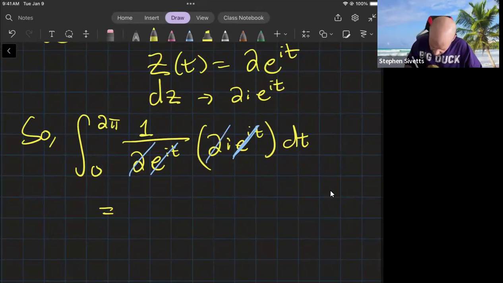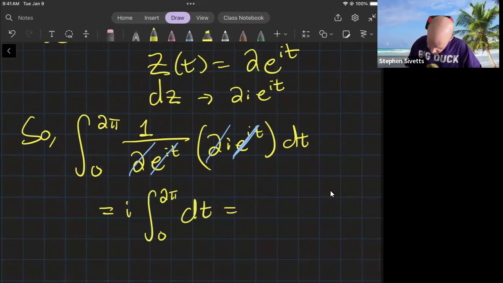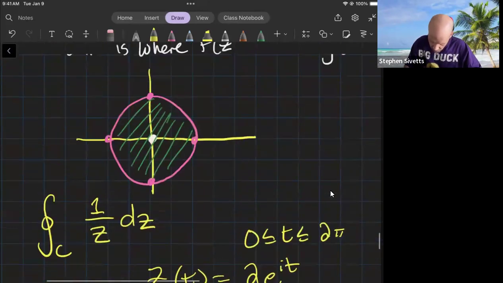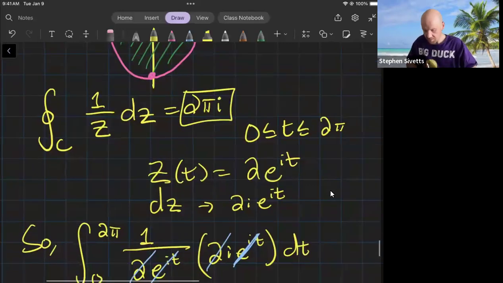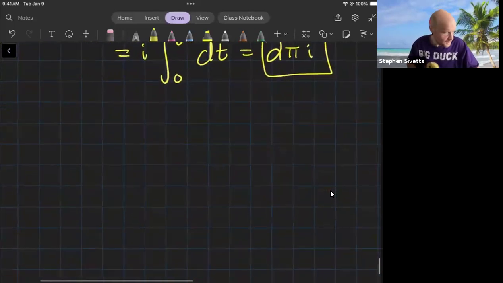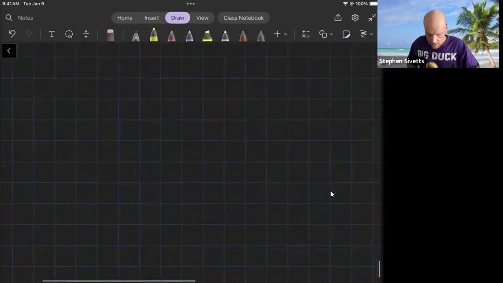And so you'll have i times the integral from 0 to 2 pi of dt, which is 2 pi i. So the integral of 1 over z dz equals 2 pi i, right? I think we have seen this before in the previous video.